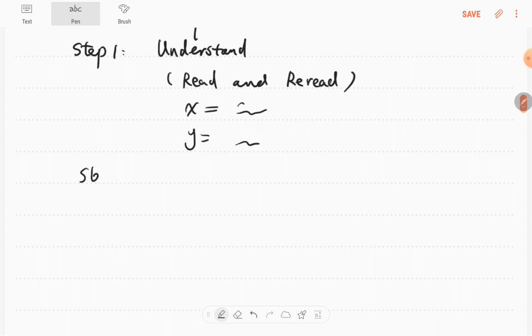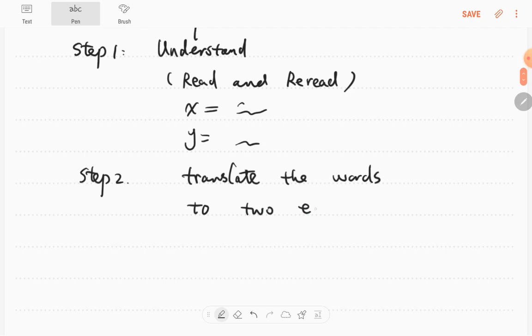So next, step 2. After we totally understand the question, set our variables, and know the relationship, next we will translate the words to two equations.